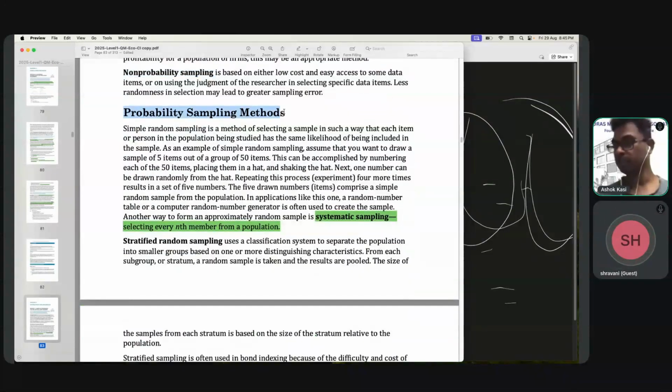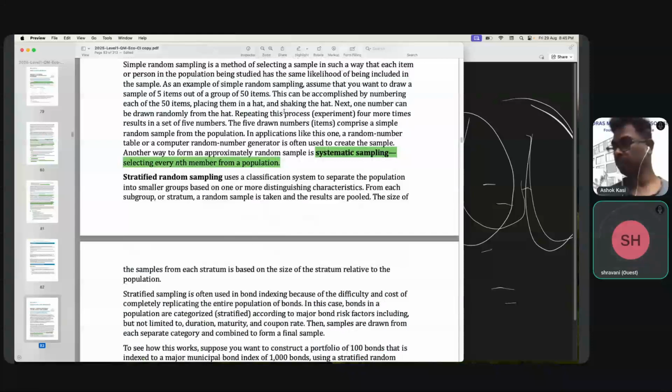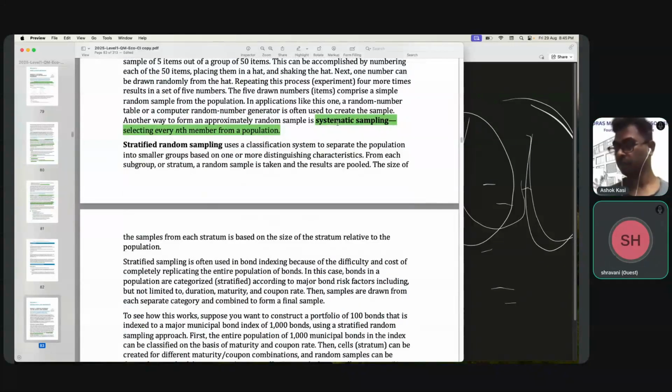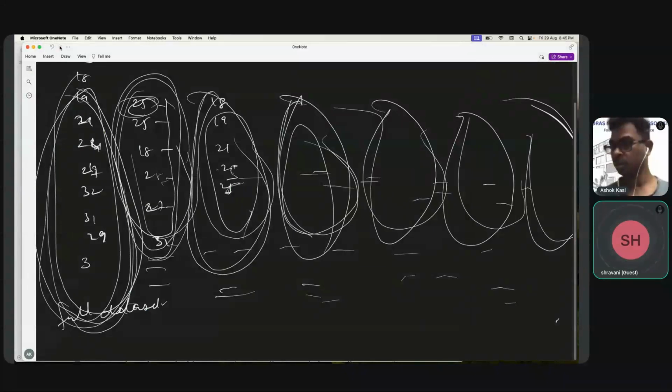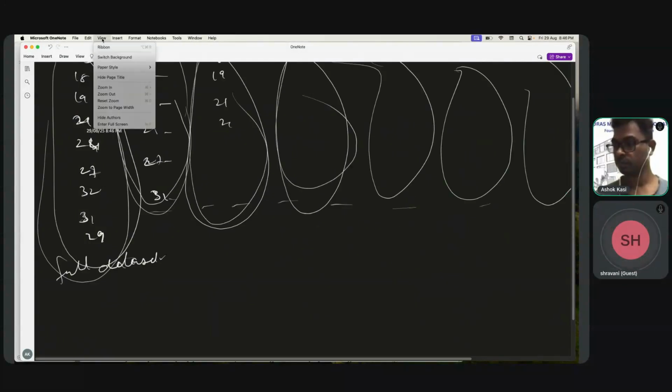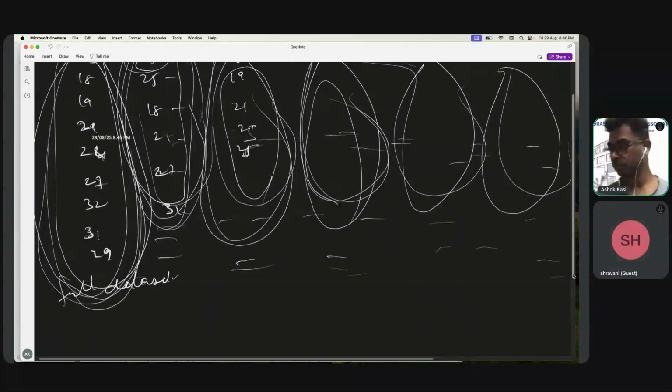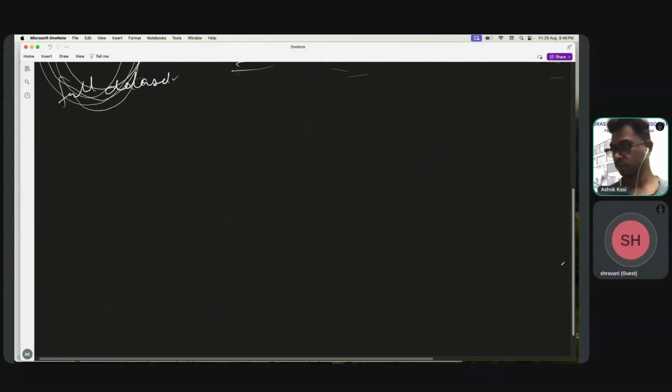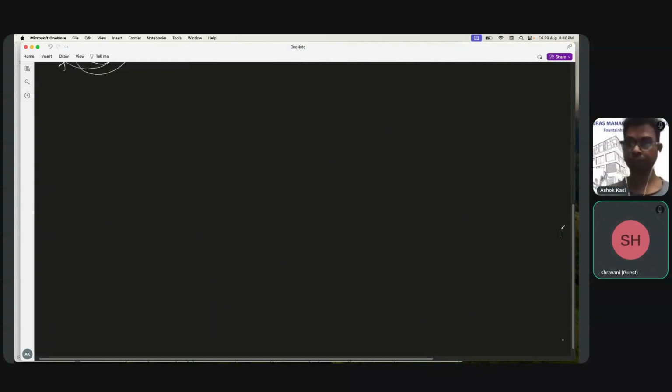But first, probability sampling. Under probability, systematic sampling. Imagine in a school, in a class, people are made to stand in a queue.